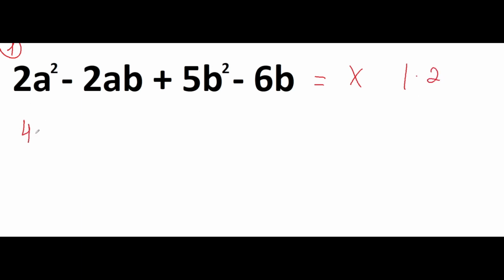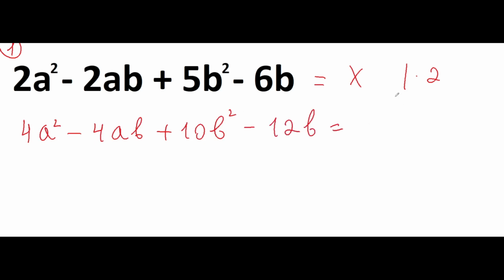We'll get here 4a squared minus 4ab plus 10b squared minus 12b, and we don't have to forget about x. 2x will be here.